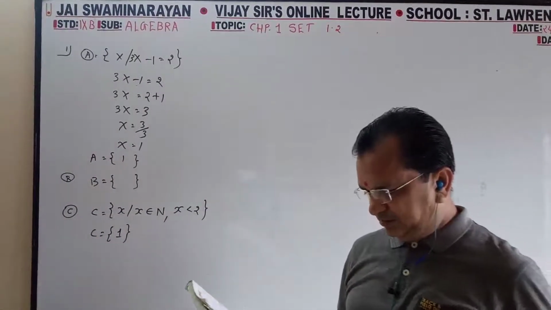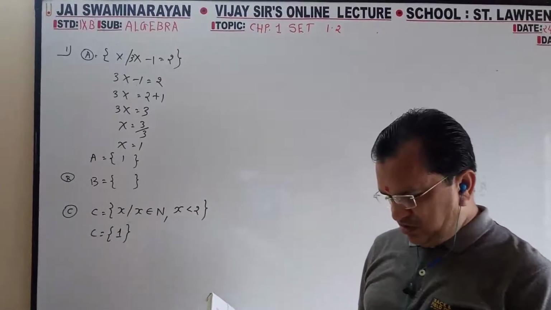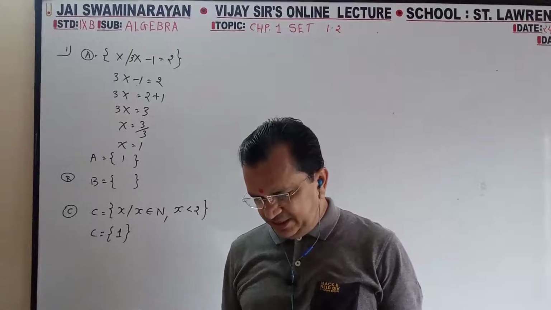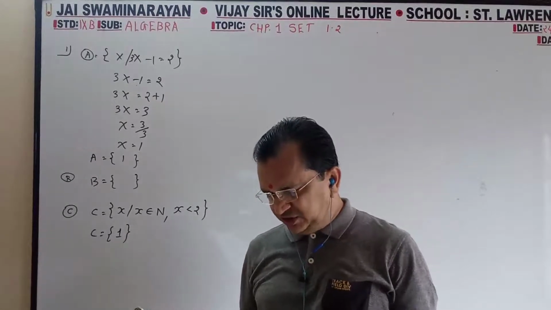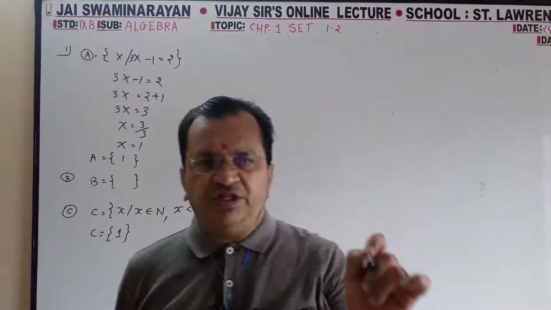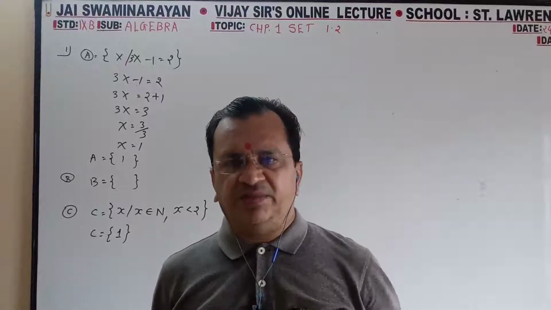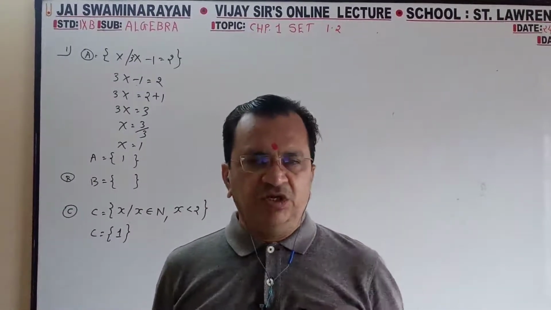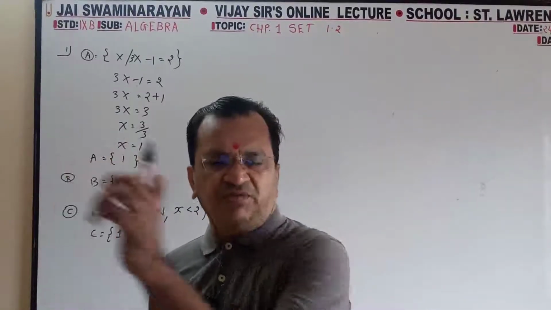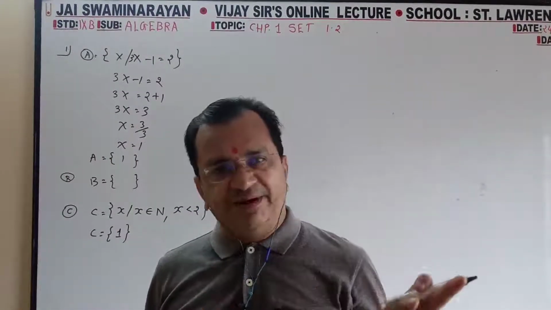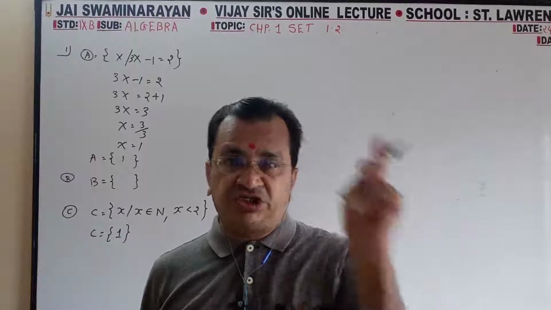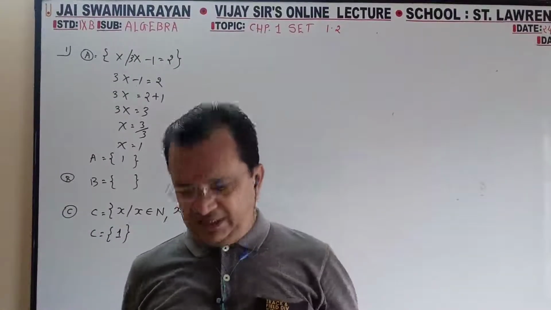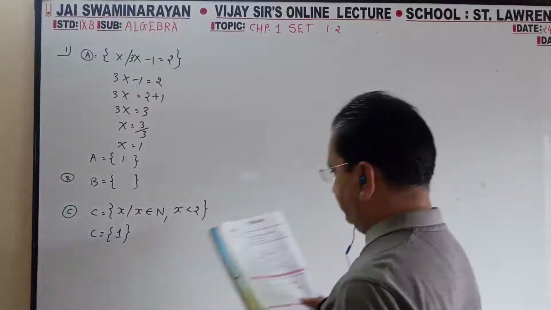Now we have to decide whether both are equal sets or not. When the number of elements are the same and the elements are also the same. Suppose here A, B, C, suppose here 1, 2, 3. So 3 elements are there, but it is not equal. So when each element is the same and the number of elements is the same, then it is said to be equal.